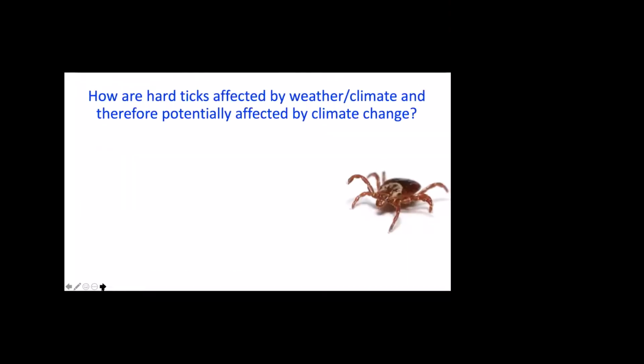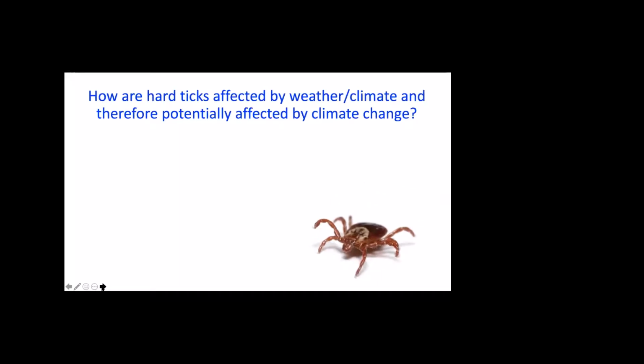Okay, so getting to climate change and such, I put in this dog tick just to have a little diversity of ticks, right? So why could these ticks be affected by weather, climate, and therefore climate change? It's because, even though we think of ticks maybe because of our experience or because we have dogs, ticks spend 99% of their lifetime in the environment.